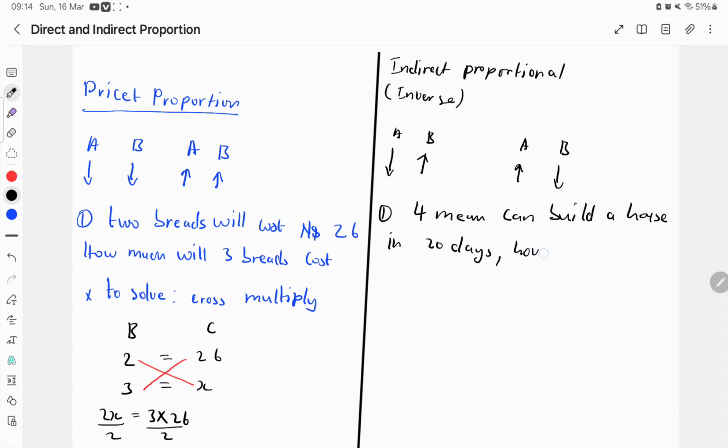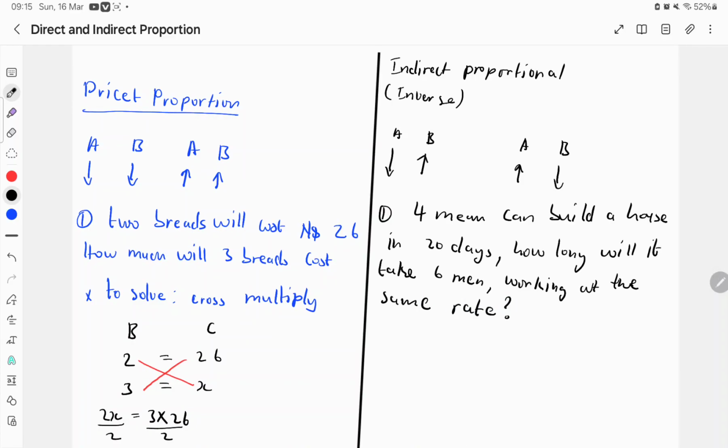How long will it take 6 men working at the same rate?